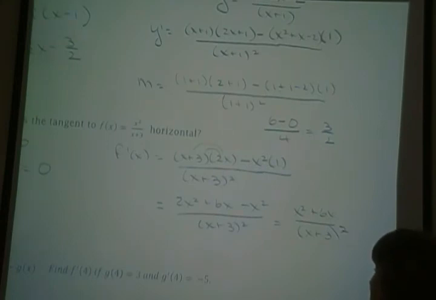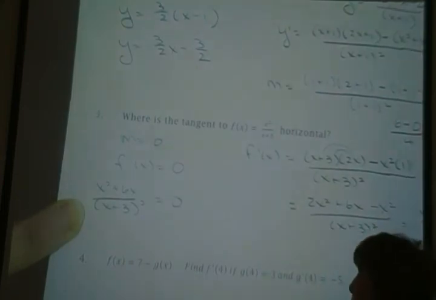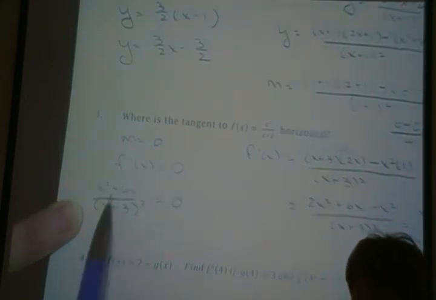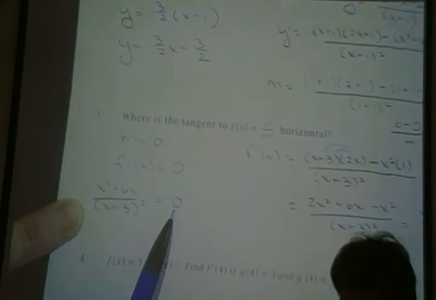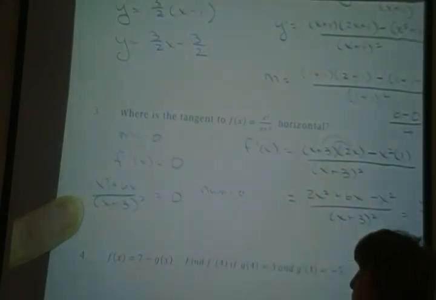Where is that derivative 0? Well, then algebraically I need to take it and set it equal to 0. Now, the most important thing to understand in algebra at this stage is how can a fraction be equal to 0? The only way a fraction can be equal to 0 is if the numerator equals 0.